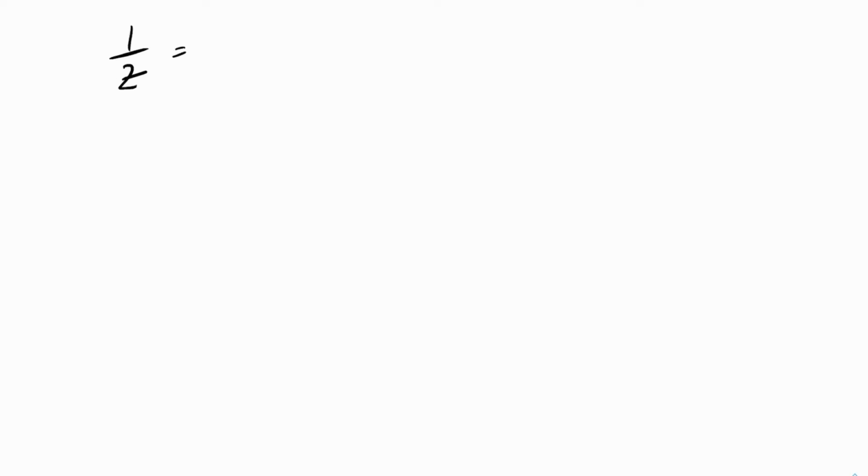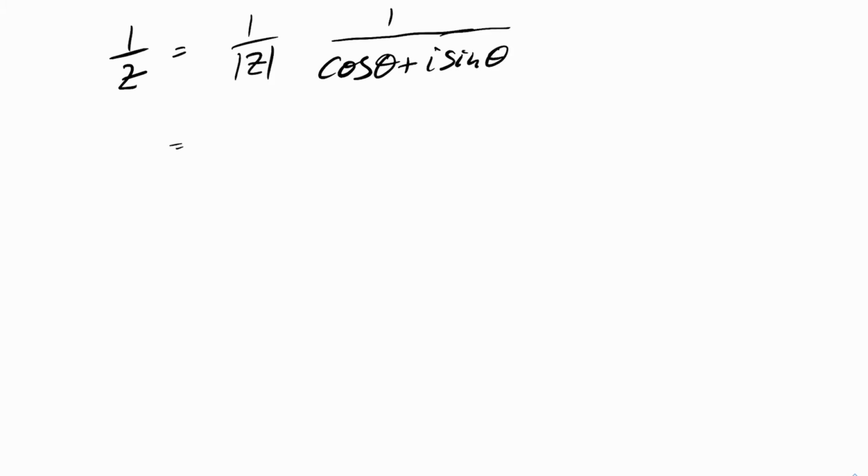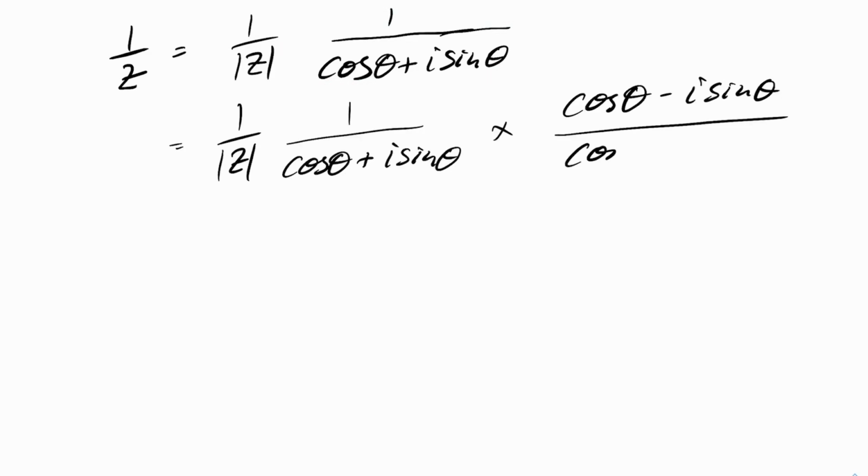What about division? Well, this is also extremely interesting. Consider 1 over z. So I write down 1 over z in its modulus argument form, and what I'd like to do is simplify the denominator. Now 1 over the modulus of z is just a real number, so I'll just leave that as it is. This number here can be simplified as follows. And then the denominator, gathering everything together, gives cos squared theta plus sin squared theta, which is just 1.